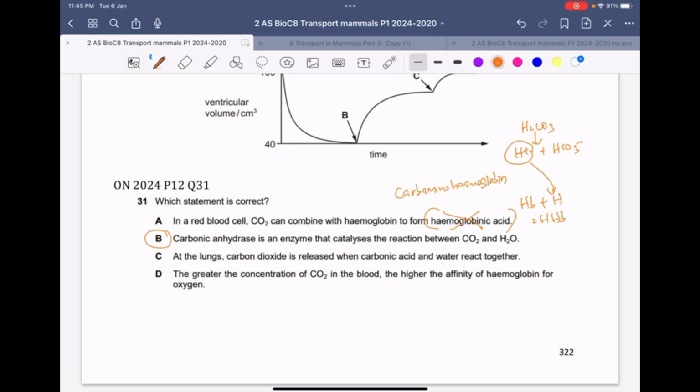And then number C, carbon dioxide is released when carbonic acid and water react together. This is also incorrect, because carbon dioxide will be released only when the carbonic acid H2CO3 undergoes dissociation，就是说它会分开变成 H2O 加 CO2，所以通过这样的方式他们会去 release 这个 carbon dioxide.